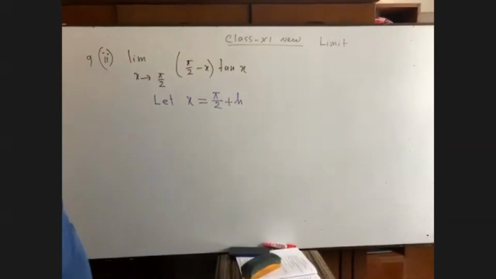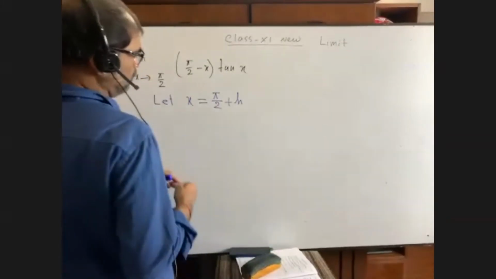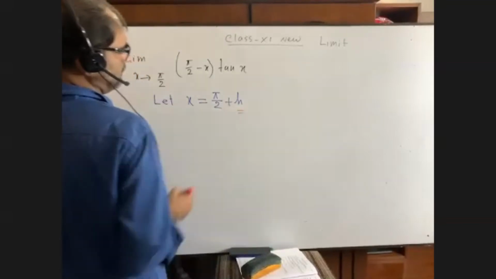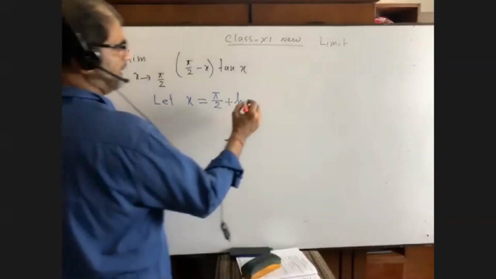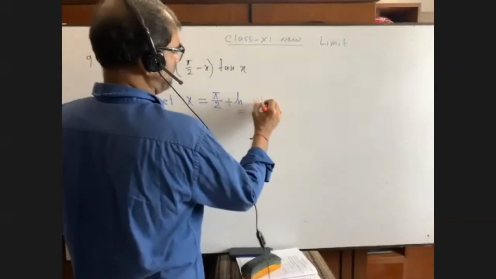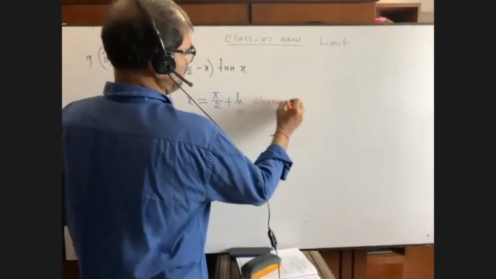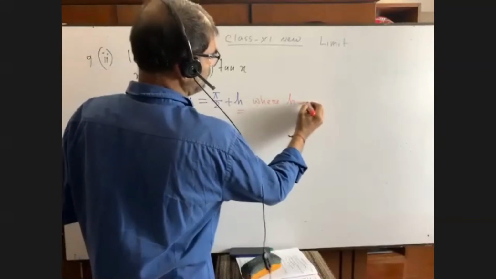Can you please let me know what is the value of h here? Who can tell me what is the value of h? Sir, 0. Write down where h tends to be 0. You are right.